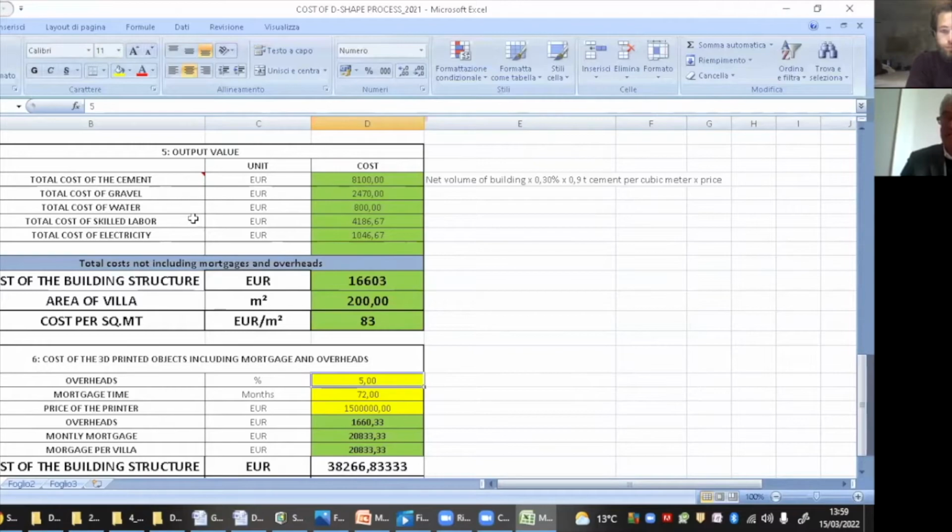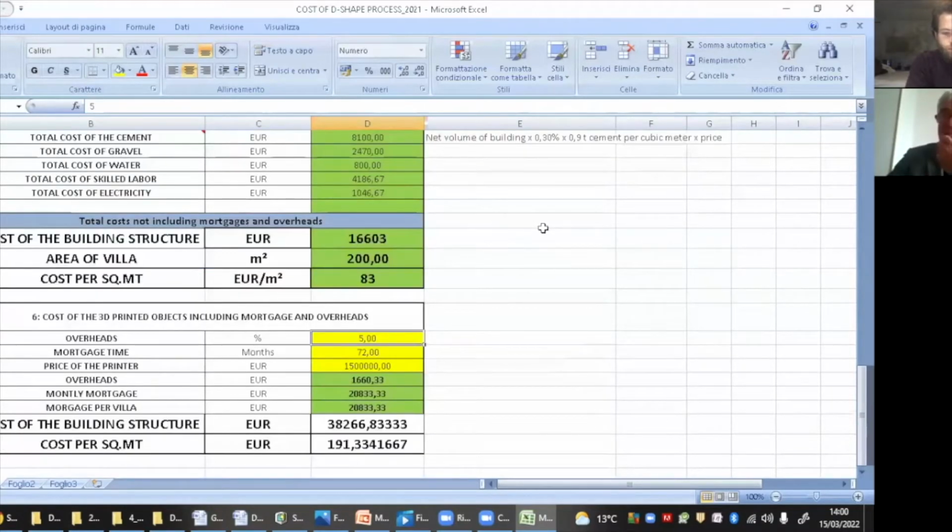Usually in Italy, the cost of the raw building is between 25 and 30% of the whole cost of the building. So imagine that. Usually we are talking about 500 to 750 euros per square meter just for the rough structure.